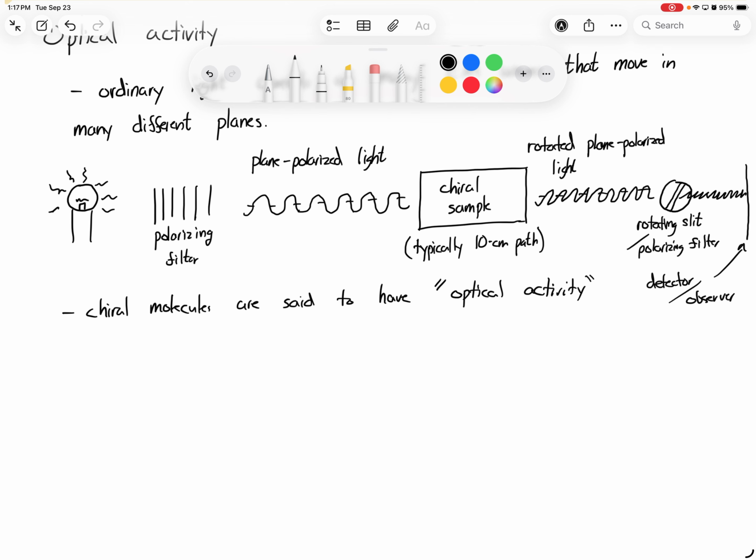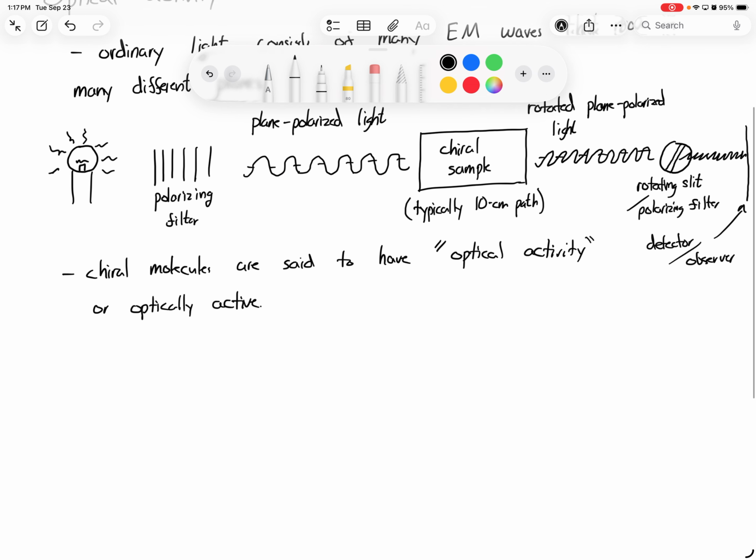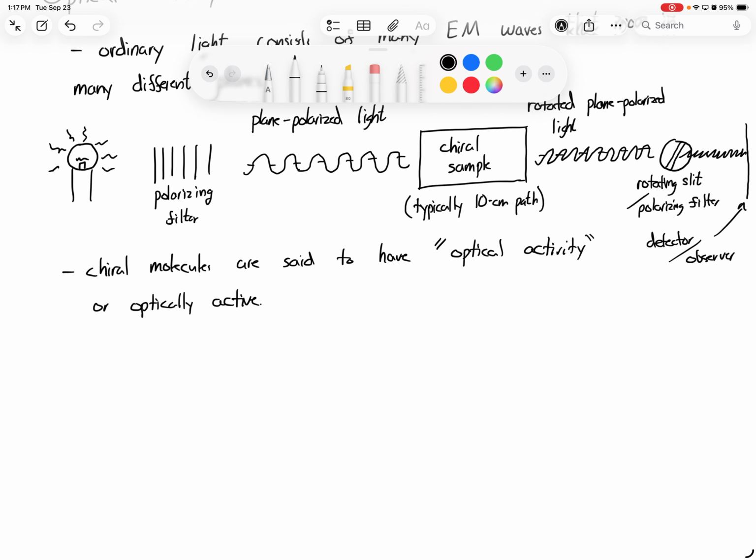We call them optically active molecules. So if something is optically active, it must be chiral. Usually if something's chiral, you would record optical activity. Then on the contrary, achiral molecules can't interact with light.